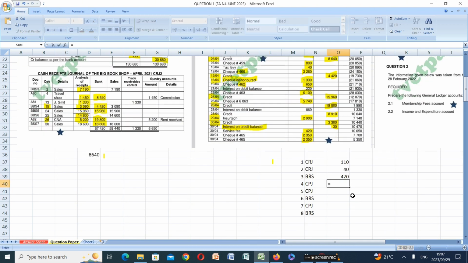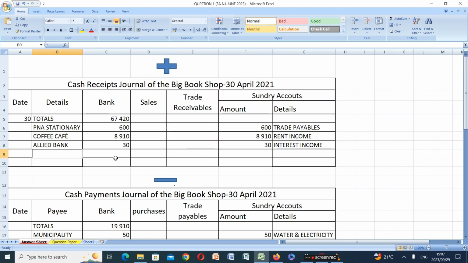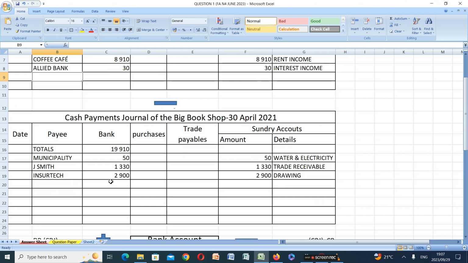When we add them, we get 570. So our total bank charges are 570. We're paying our bank charges, so it's on the debit side of the bank statement, going straight into our cash payments.